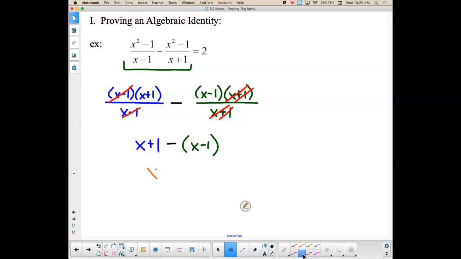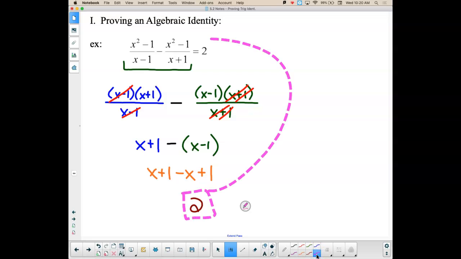Which is x plus 1 minus x plus 1. Which is what? That's 2, right? And 2 is what I need it to be.